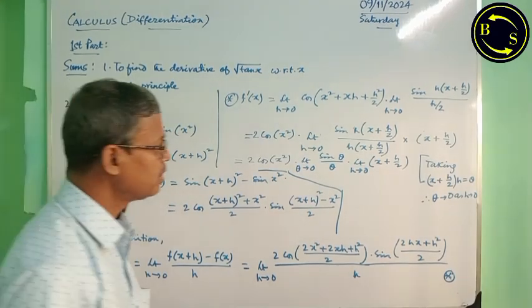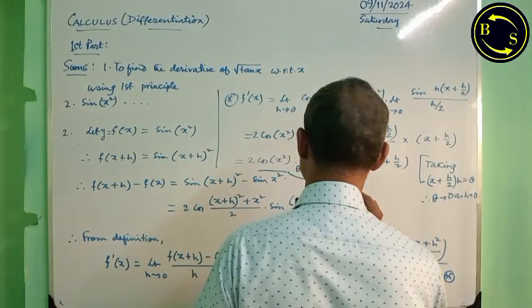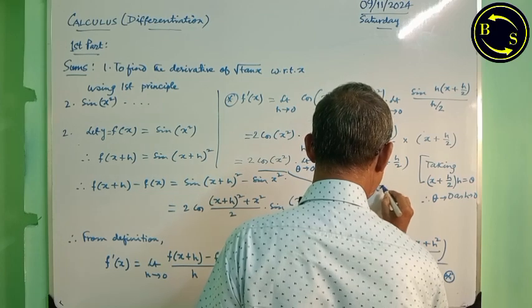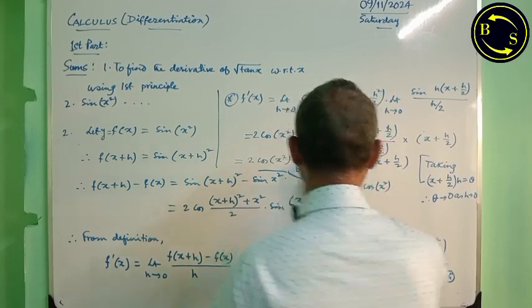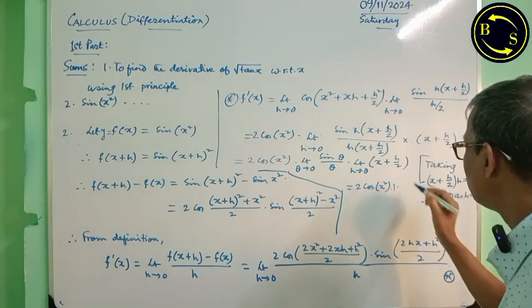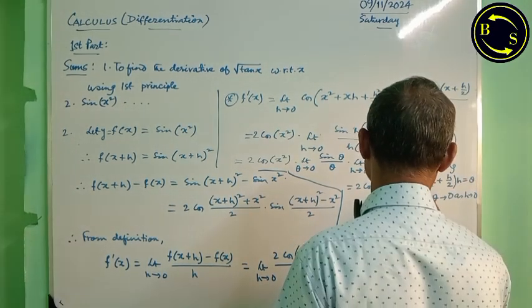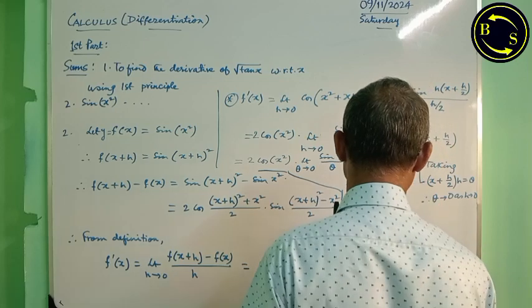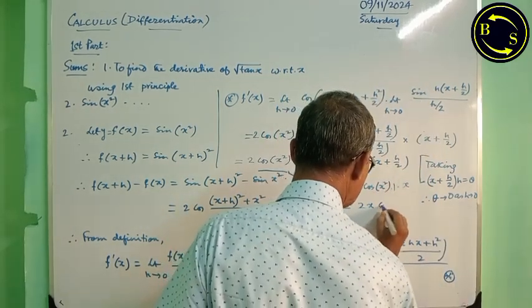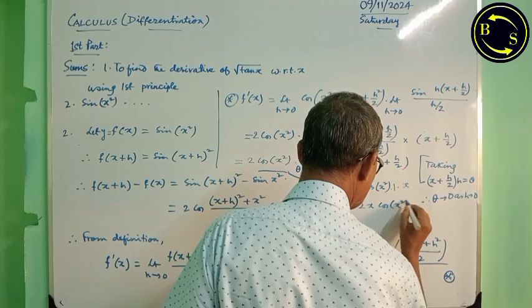Therefore finally what we get, 2 cos x square, value of this limit is 1, and this one will be x, therefore 2x cos of x square.